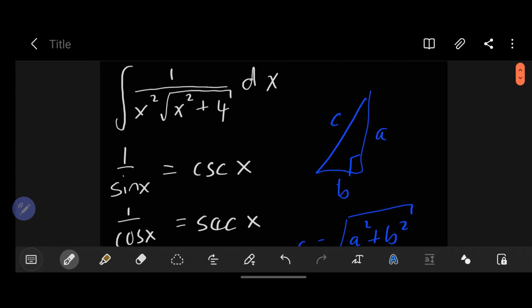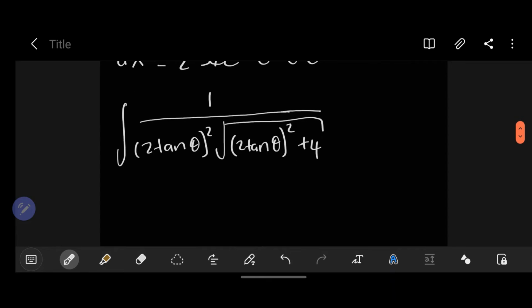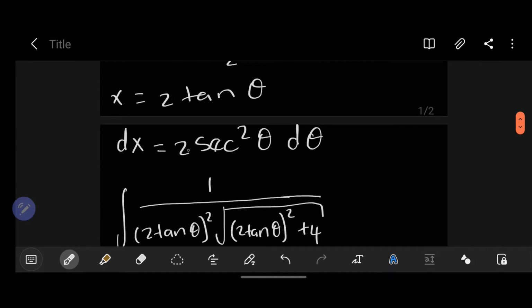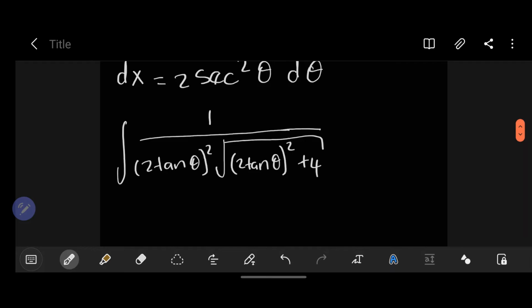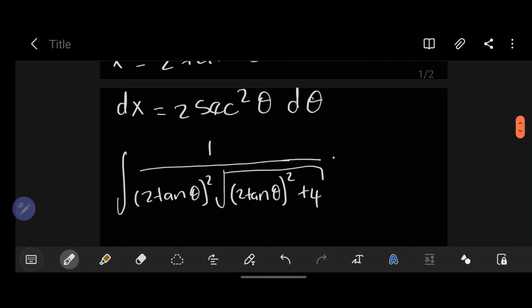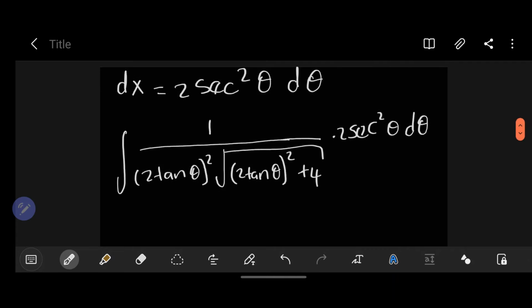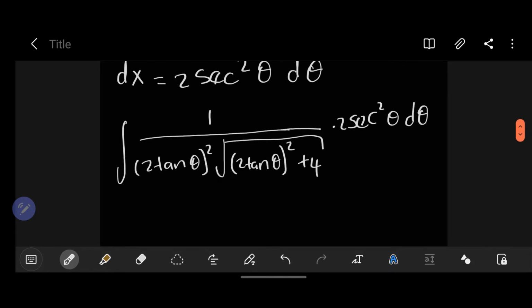And then dx, in place of dx is 2 secant squared theta d theta. So it's times 2 secant squared theta d theta. I can just move this right there to make things a bit better. Okay, perfect.